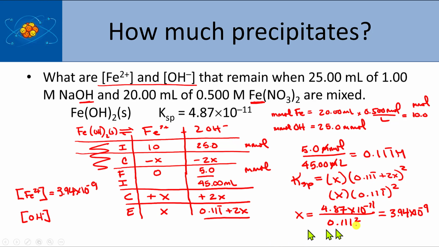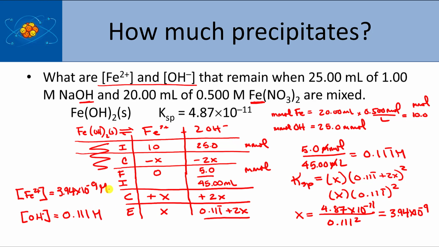The way you can validate that is look at this number and see that it is substantially smaller. If I take 0.111 and add 0.00000000394 to it, you get 0.111 back. And so that's your molarities of the two ions.